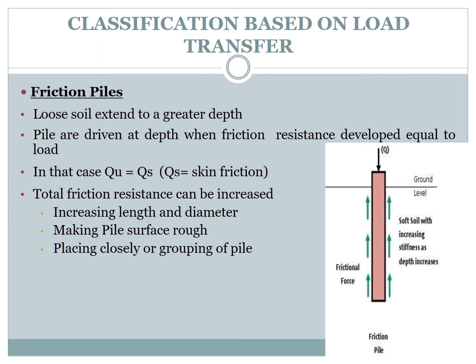In that case, the ultimate load QU is equal to the skin friction. The total friction resistance can be increased by increasing the length and diameter of the pile, making the pile surface rough, and placing piles closely or grouping piles.